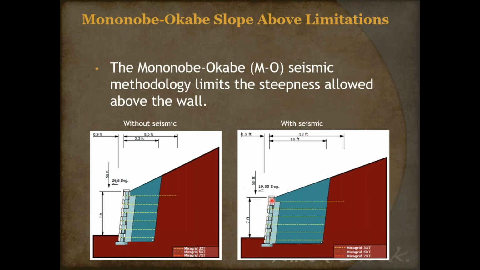I can't get to 26.6 because of that limitation. So what our software does, instead of just giving you a big fat no, is run through the analysis and find out how steep that slope can be. It truncates the slope and says, okay, I can get to almost 20 degrees, 19.8, before that falls apart. So that's the key with Mononobe-Okabe.